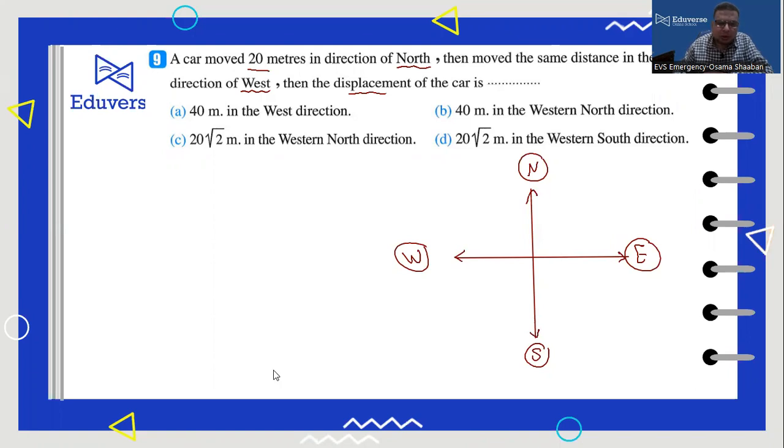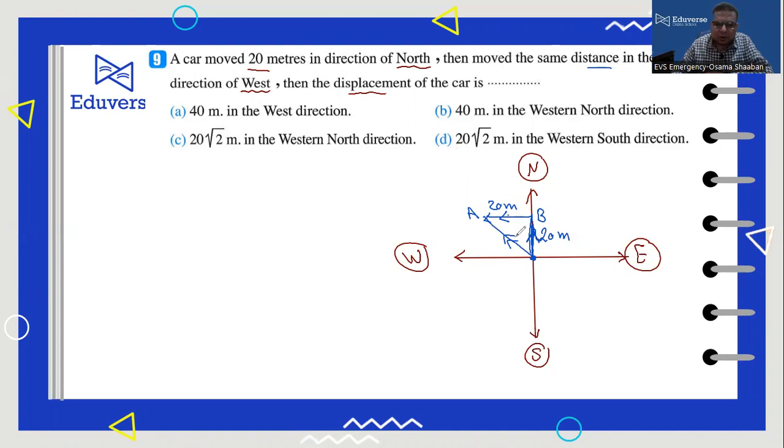He said the car moved north. Yes, start here, north, here is 20 meters. Then move the same distance to the west, here 20 meters also, the same distance. So the displacement here, you will say this is the displacement, the vector OA.